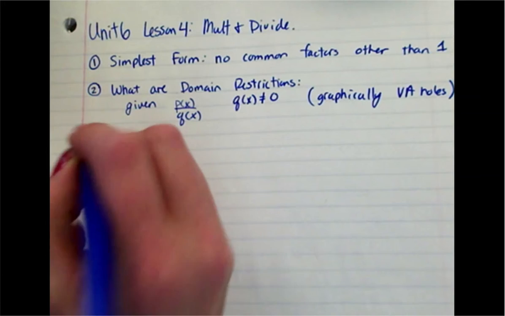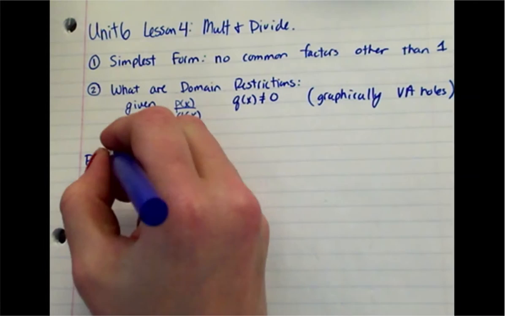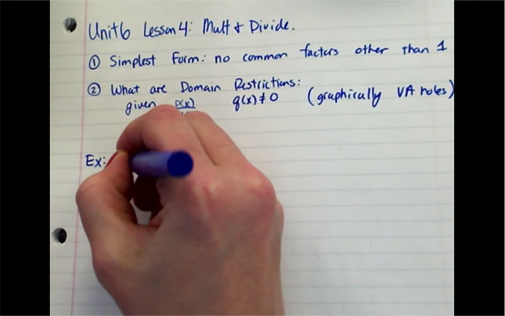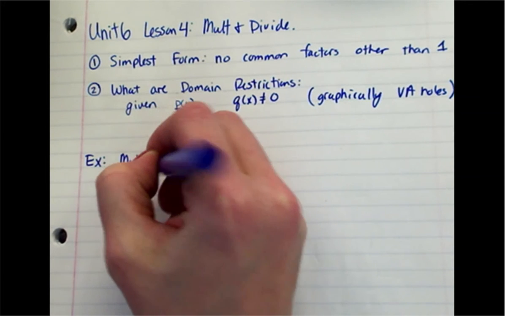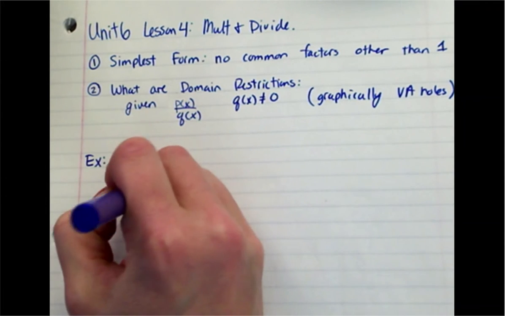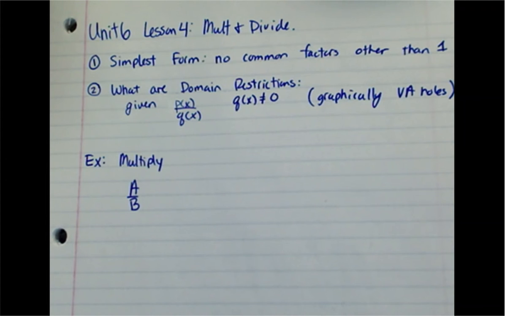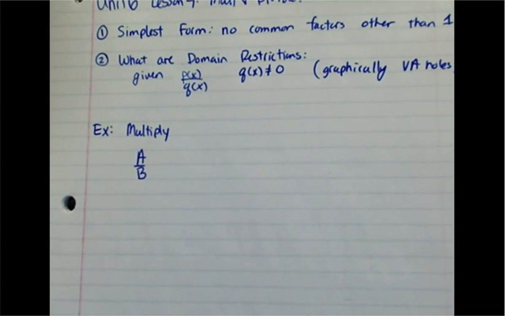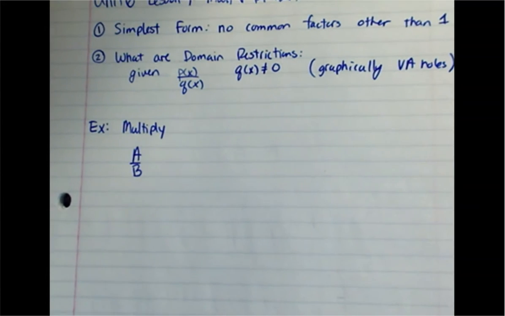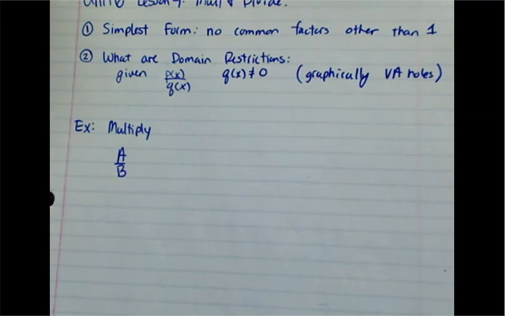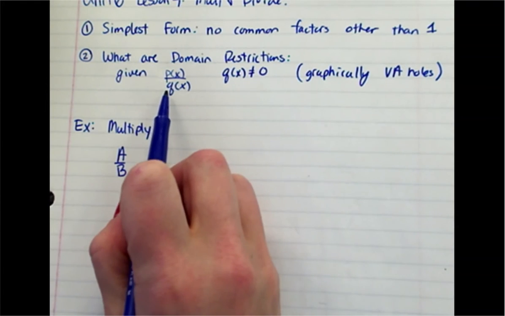Example. Multiply A over B. Because of our limited time, we're just going to do placeholders. See here how that's the denominator?